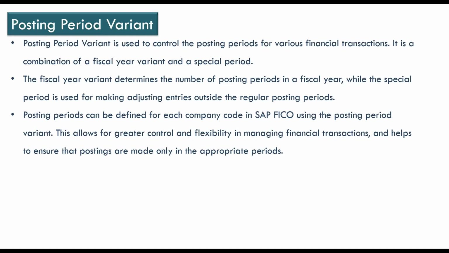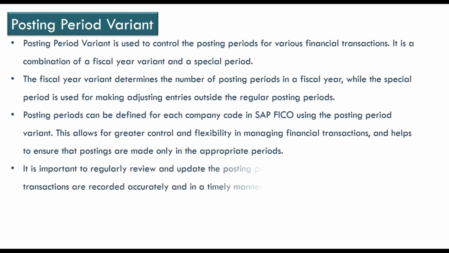This allows for greater control and flexibility in managing financial transactions and helps to ensure that postings are made only in the appropriate period. Okay. Next, it is important to regularly review and update the posting period variant, which ensures that fiscal year transactions are recorded accurately and in a timely manner.